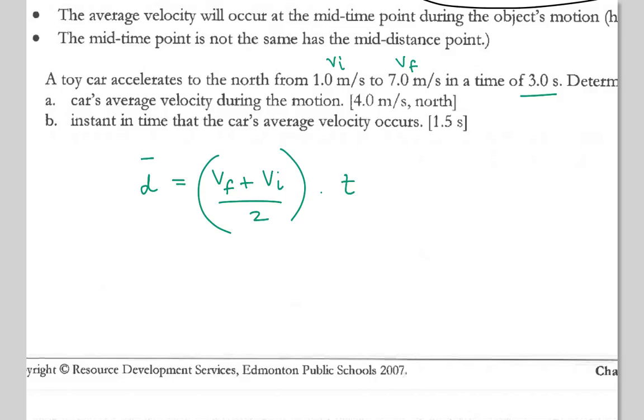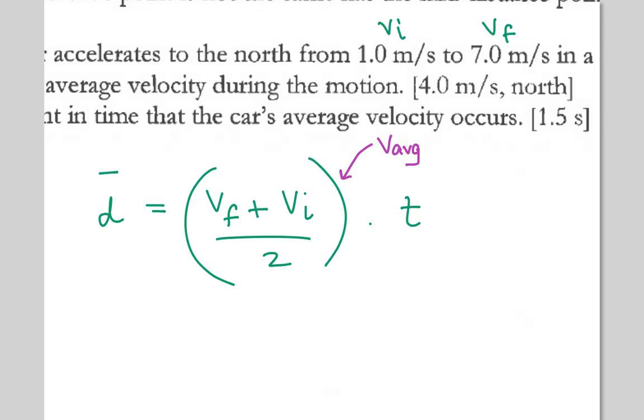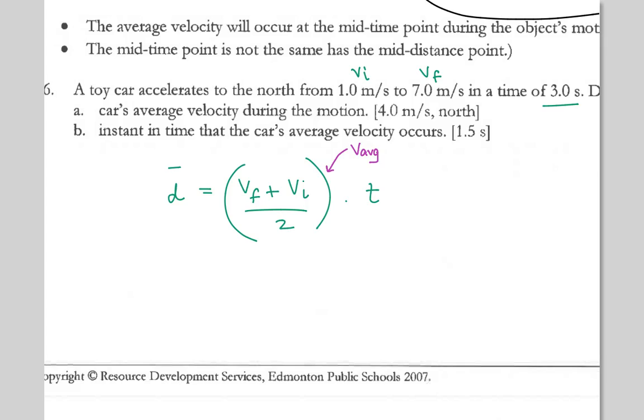You can make a little note if you'd like. I'm okay with that. On your formula sheet, please put a little arrow to this term and put V average. I'm okay with that if you put that onto your formula sheet. That term is the V average. Okay? So this question will be pretty self-explanatory at this point.